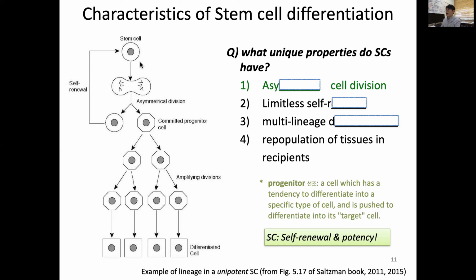First, asymmetric cell division. And this part can self-renew forever, in fact. So that's called limitless self-renewal, which is quite interesting. And also this multi-lineage differentiation. And all these properties allow the stem cell to repopulate tissues in the recipient or in our adult.